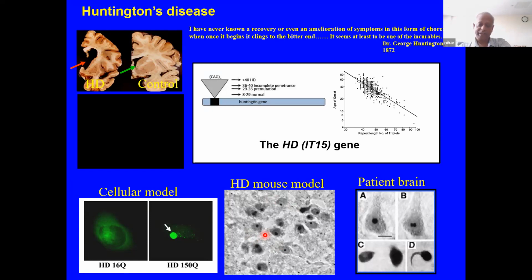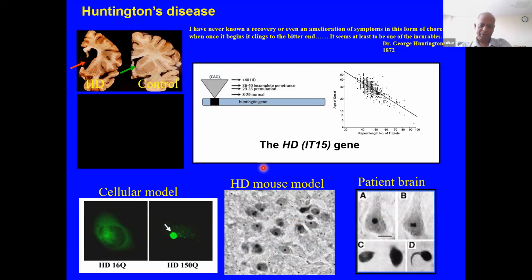Then in 1997, they first demonstrated that the mutant protein can be found in aggregated form, typically in the nucleus of the mouse brain, right? That's the first report in transgenic mice. And then probably in 2000, the first demonstration of these aggregates in a patient brain. You can see here, right?